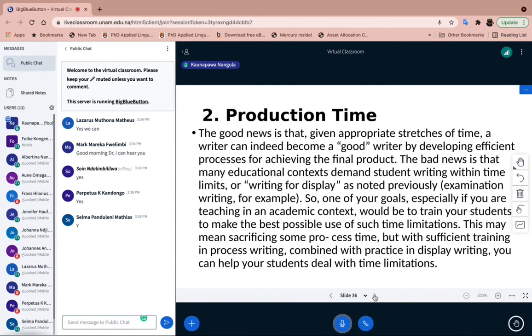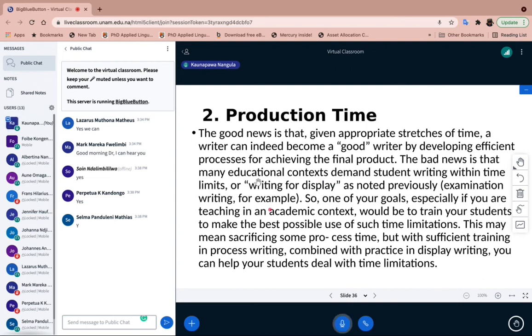Do you understand? It is through the development of efficient processes that they can become good writers in whatever product they need to write in the end, either through process writing or just product writing.